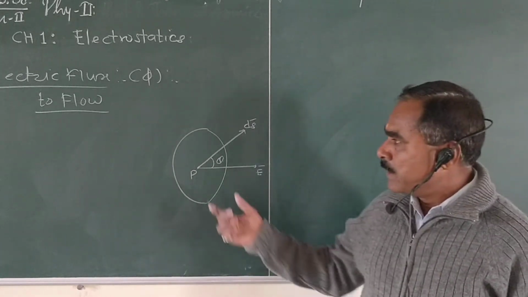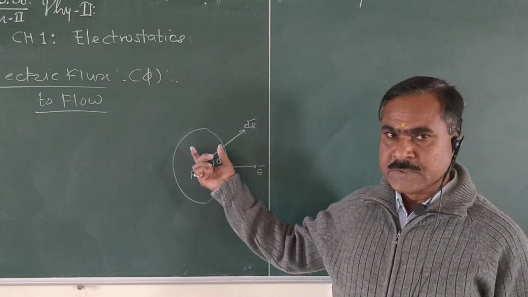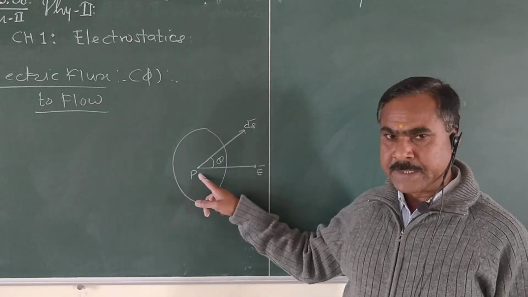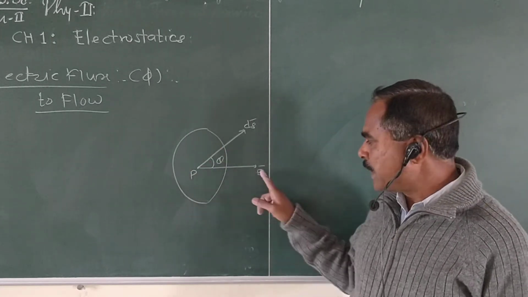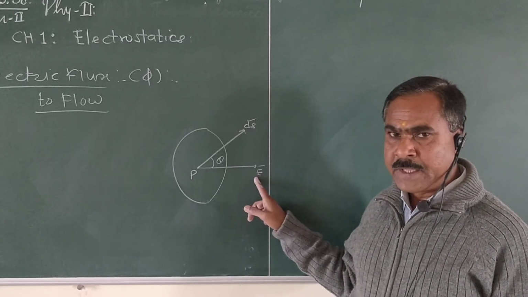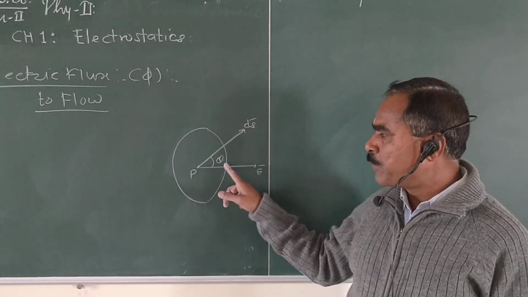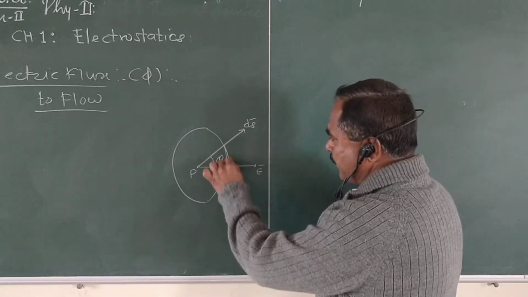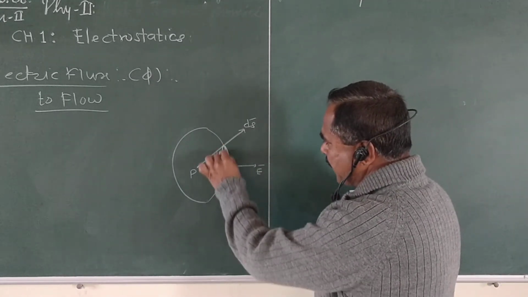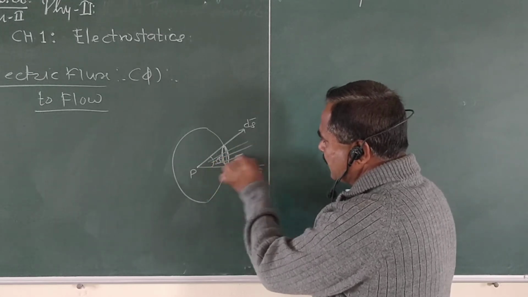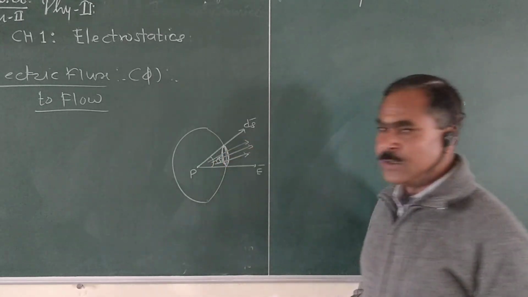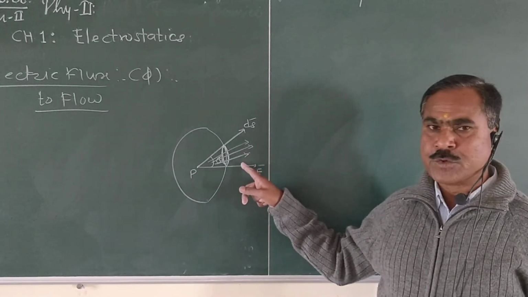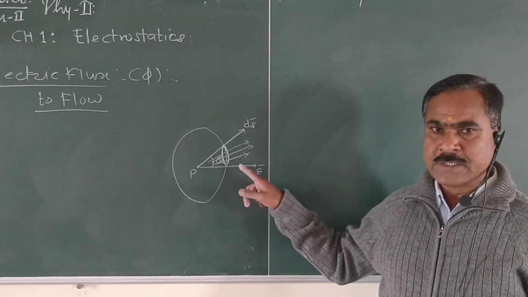So here we consider the electric field region, and we take point P within that. This is the direction of electric intensity, and electric lines of force passing through unit area or through the surface. We consider this surface and the electric lines of force passing through it, and these lines of force are normal to the surface.